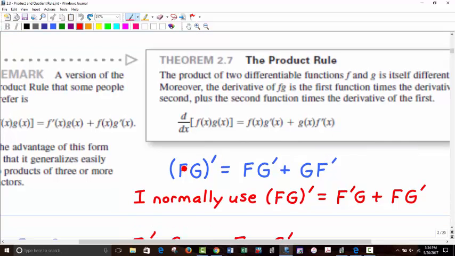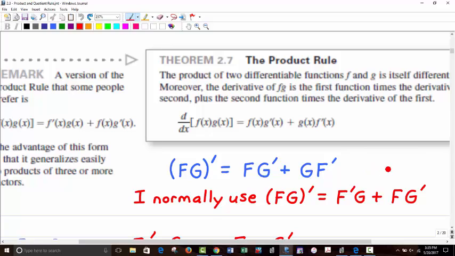Now, I often use this shorthand notation right here, so we won't have to write all the x's out. And of course, it could even be a different variable. It could be like d dt of f of t and g of t. So I'll put it like this: fg prime plus gf prime. I often do it this other way, because notice that since this is addition between the two terms, you can reverse them.